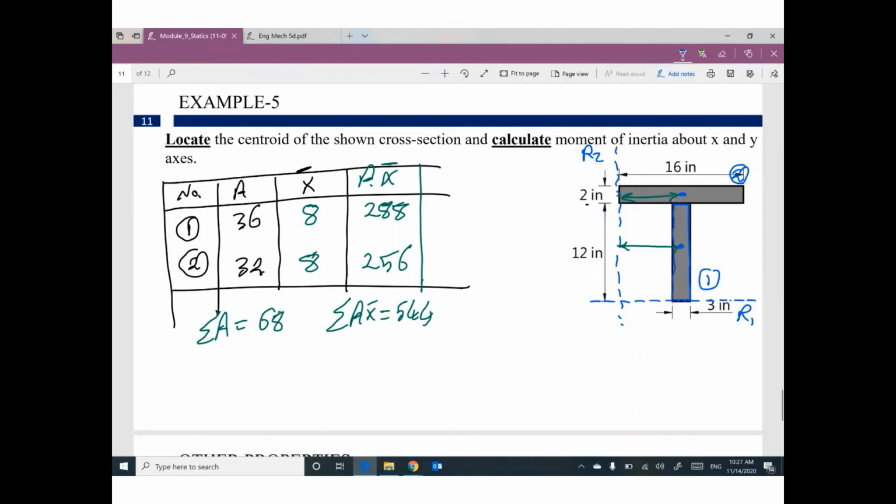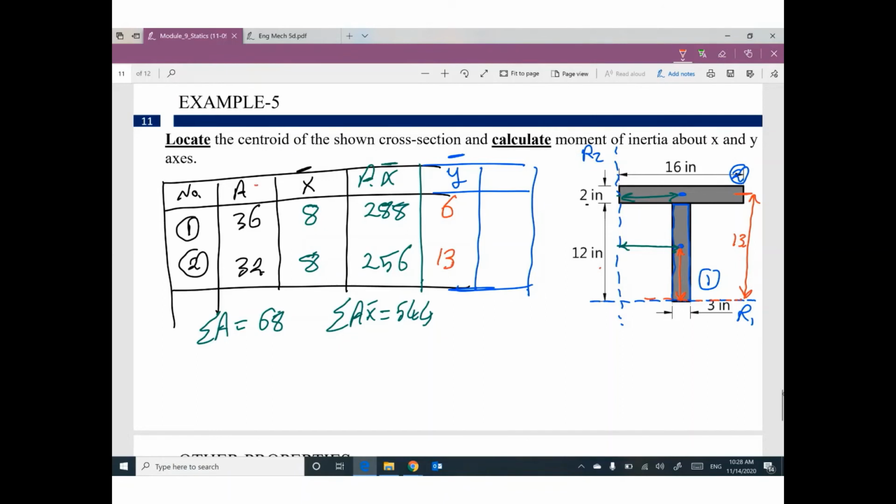I'm going to add another 2 columns. The first one, what is the y bar? What do I mean by y bar? What is the vertical distance between the centroid of part number 1 and the assumed reference? It should be 6. What is the vertical distance between the centroid of part number 2 and the assumed reference? It should be 13.